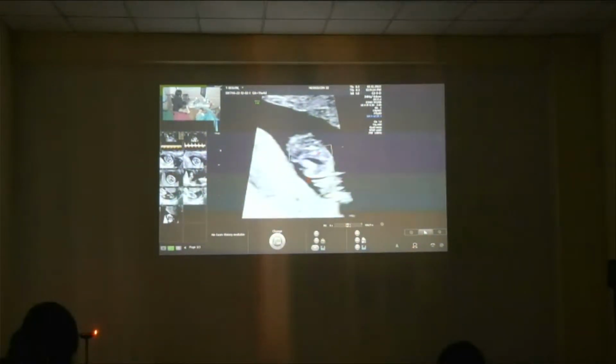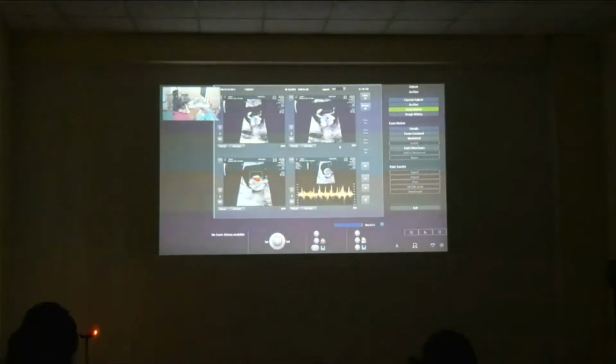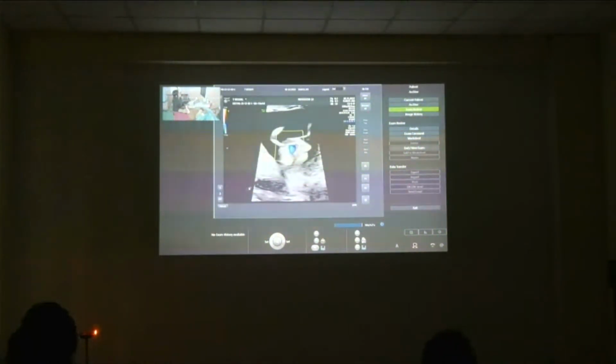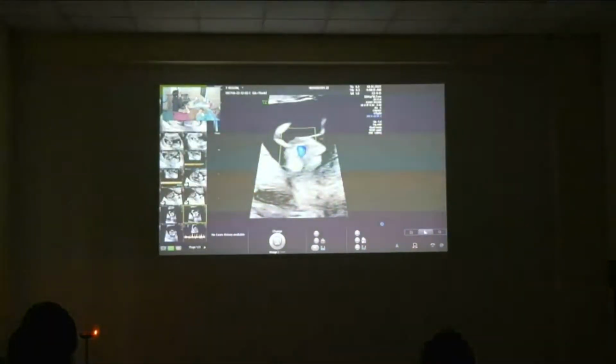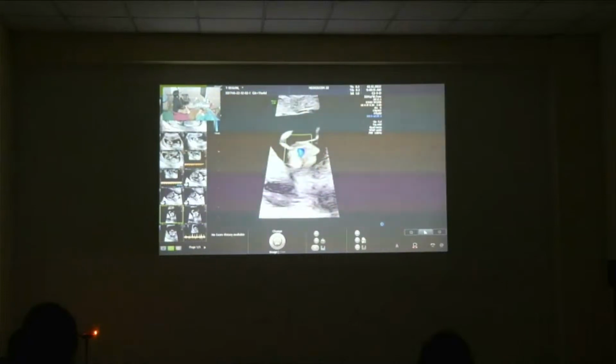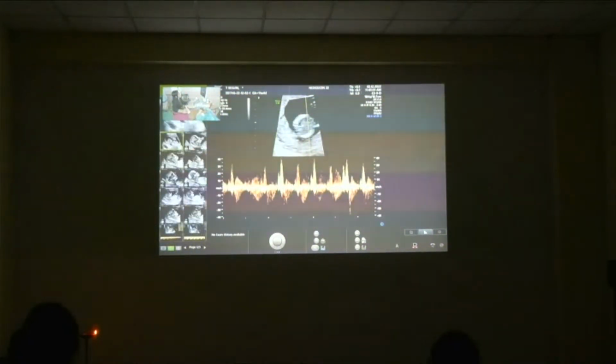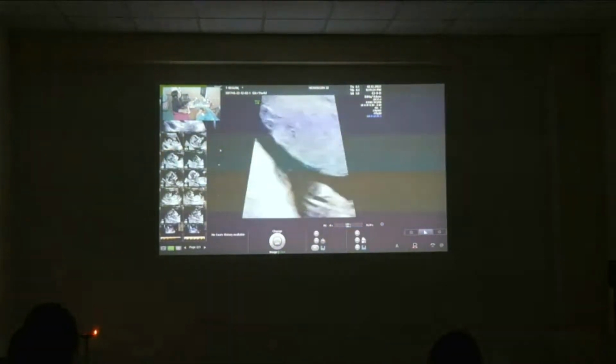So, here's some images. Yeah. So this is actually the outflow which we've got to document. Here we see.